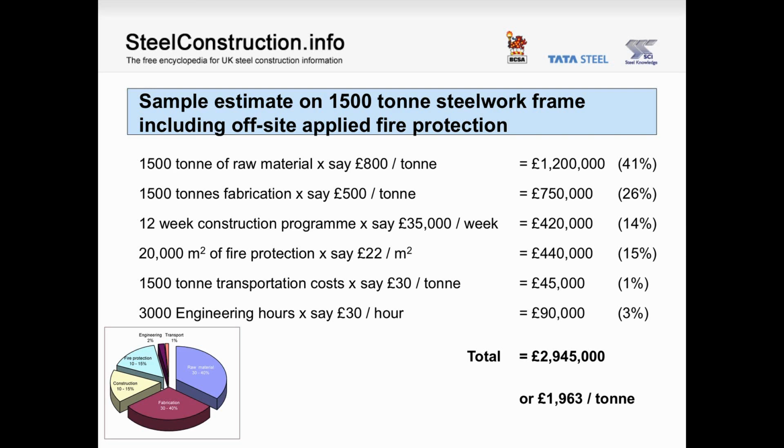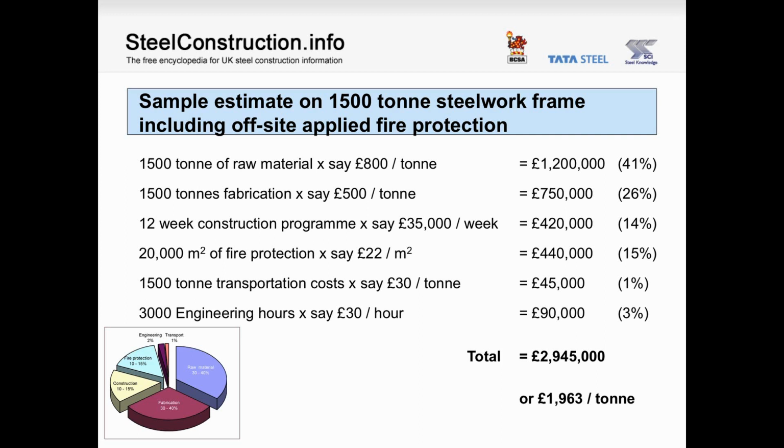Our 1500 tonnes of raw material contributes a cost of £1.2 million or 41% of the overall cost. Our 1500 tonnes requires fabrication at say £500 per tonne and contributes a further £750,000 to the total build cost.